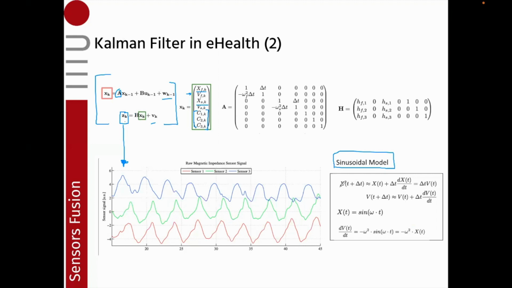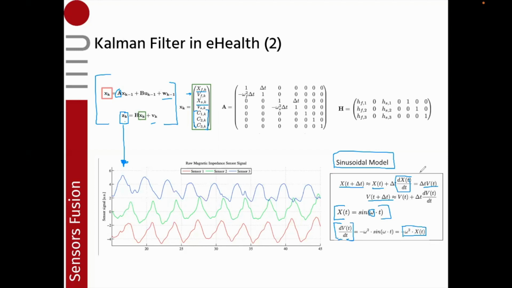So we express the state at time t plus delta t as an approximation: the state at time t plus delta t multiplied by the derivative in time, which is called VDT. VDT is then differentiated as well, and with the assumption that X is a sinusoid with omega as angular velocity, we can express even the derivative of VDT in reference to X.